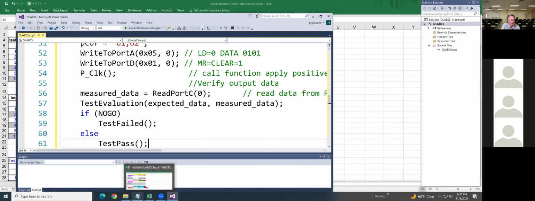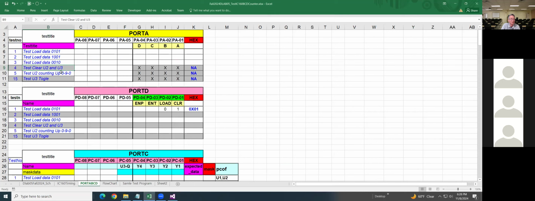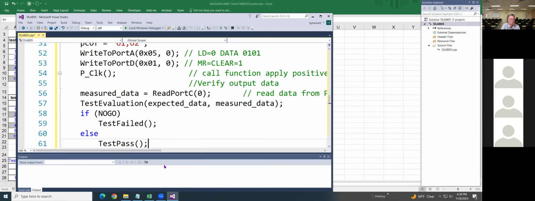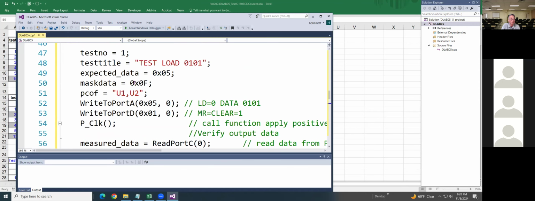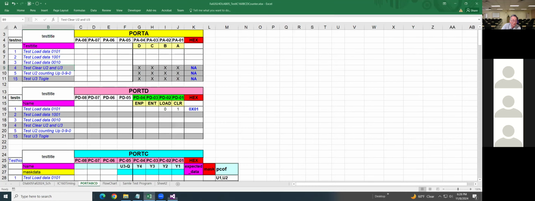Now, let's see, test for clear. Test clear U2, U3, test number 4. Let's see, make sure I'm correct.